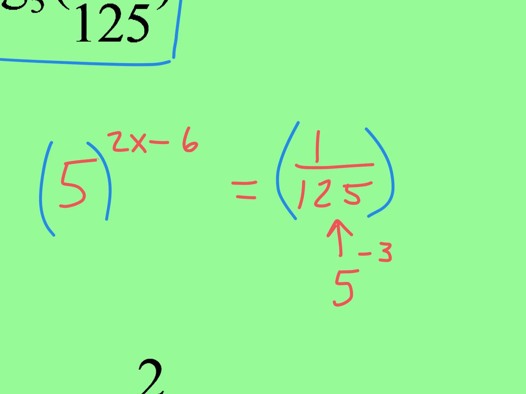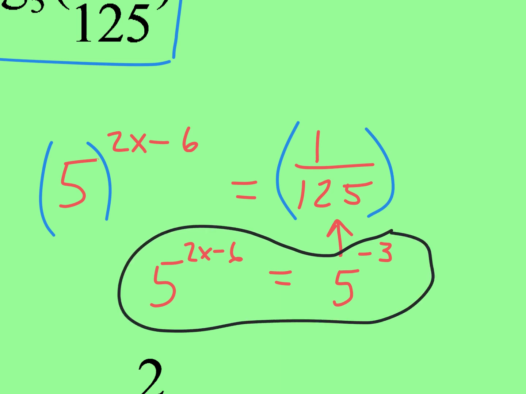And that's to the 3rd. And then you just figure out how to handle the fraction. Oh, that's the negative. So 5 to the 3rd, then make it negative. Nice. And now, there is my equation.